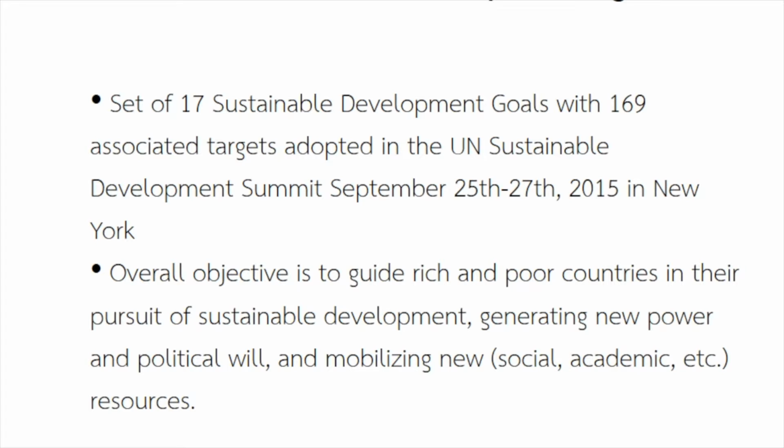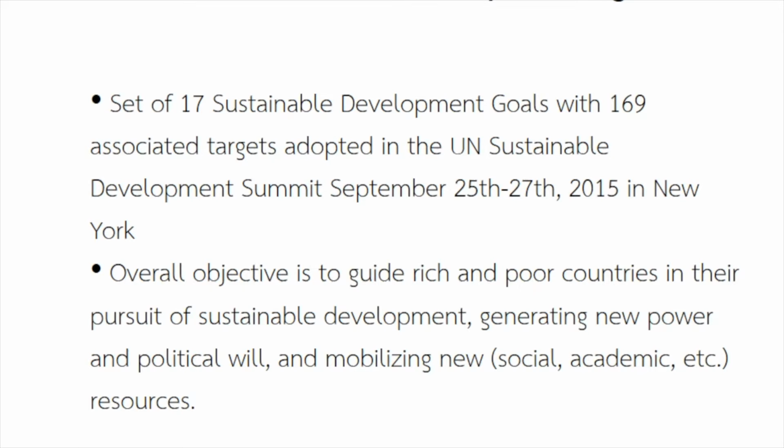And when you have such global goals adopted by all UN member states, that usually generates a lot of power and political will. So political leaders across the world are willing to implement these goals in their own countries.